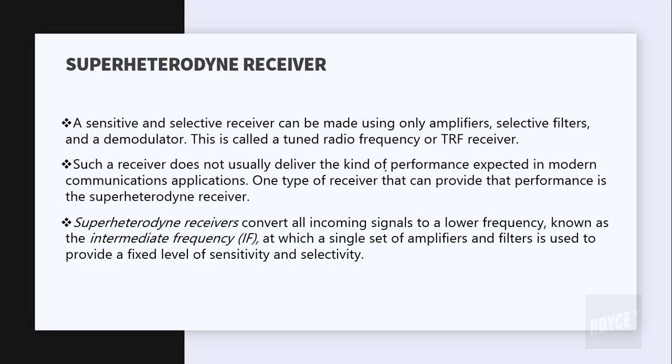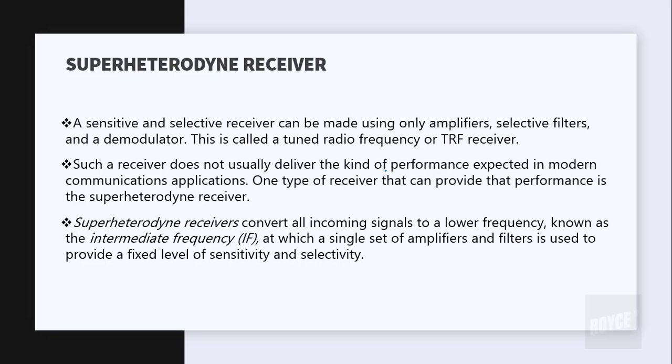One type of receiver that can overcome yung disadvantages of the noise is what we call the super heterodyne receiver. Super heterodyne receiver. Anong ginagawa dito? Sa super heterodyne receiver, there is what we call the heterodyne process. This is the process of converting a signal into another signal.